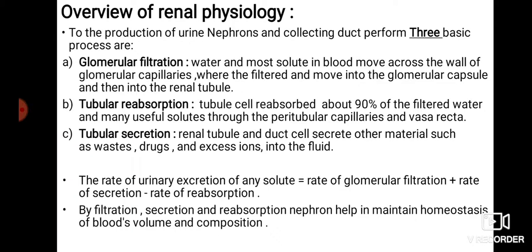So this is the overview, a little discussion on renal physiology. The formation of urine, the production of urine by the nephron and collecting duct, is performed by three functions. One is glomerular filtration, another is tubular reabsorption, and the third is tubular secretion.